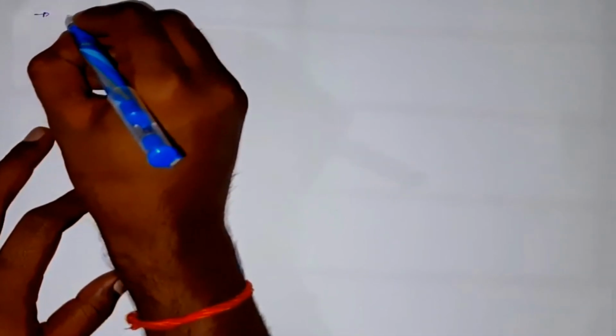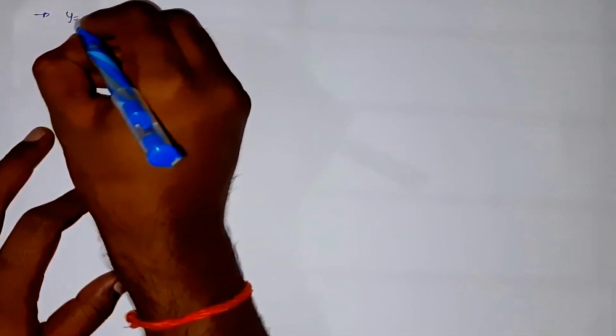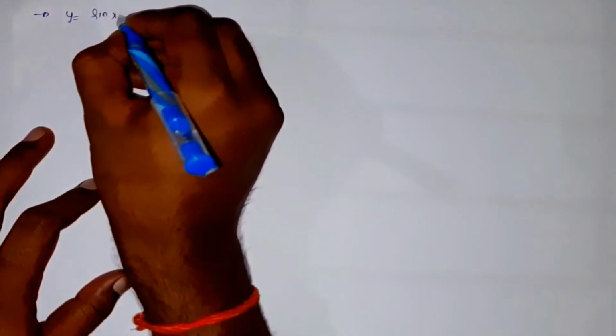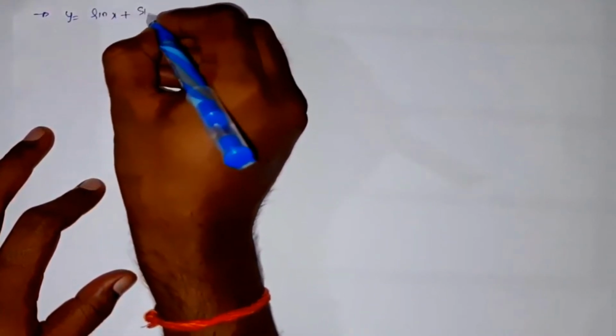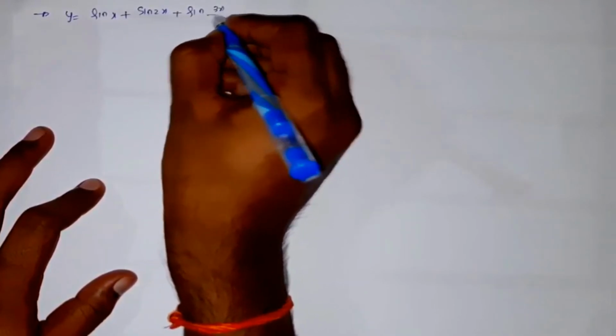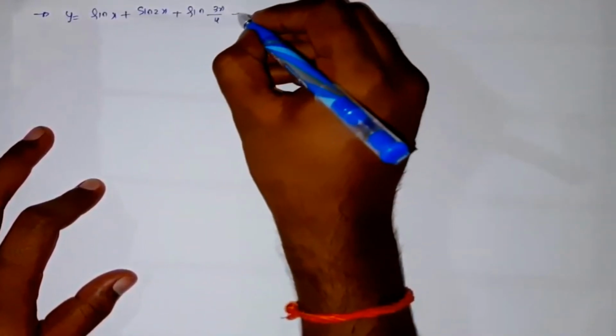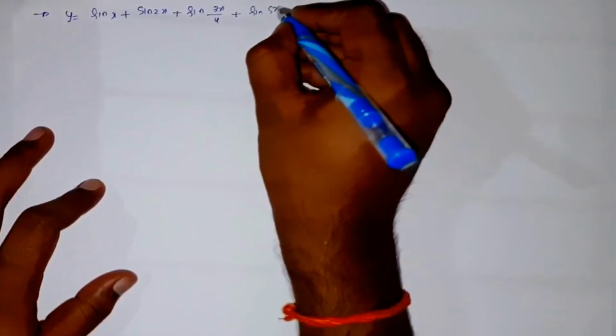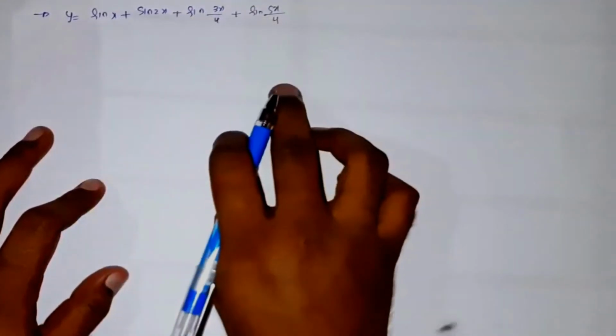Here I am taking one example like this. y equals sin x plus sin 2x plus sin 3x by 4 plus sin 5x by 4. We need to find the time period of this function.